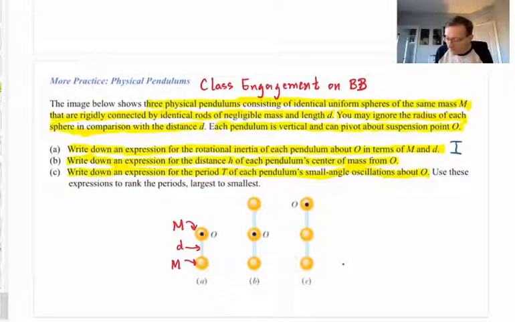And then use those expressions to rank the three periods, largest to smallest. How does the period of A compare to the period of pendulum B compare to the period of pendulum C? Those are what I'd like you to enter as your answers on Blackboard for this class engagement. And then we'll talk about pendulums in our next class meeting. That's all for this video.